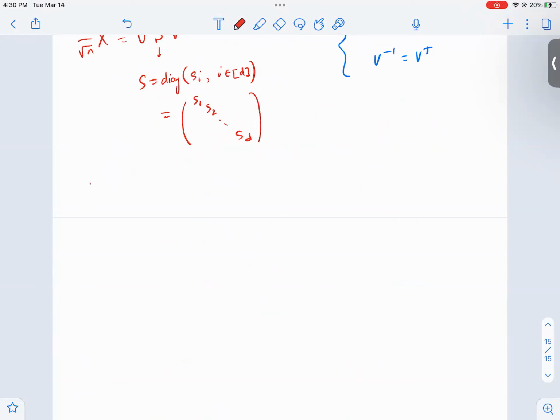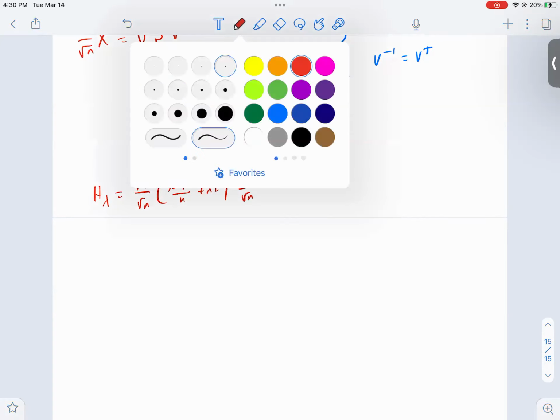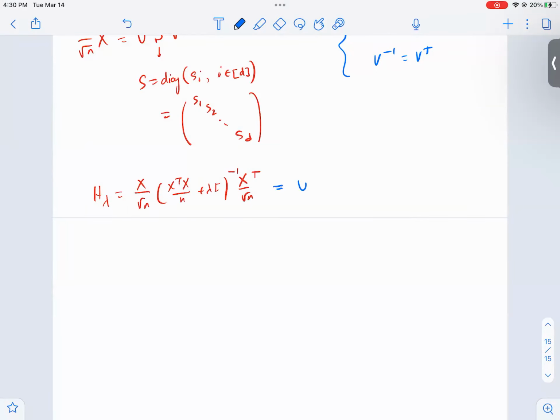So if I define gamma lambda, which is a diagonal matrix, because H lambda is x root n I plus x transpose x over n, you plug in the SVD of x, and this turns out to be equal to U gamma lambda U transpose. So what is gamma lambda?